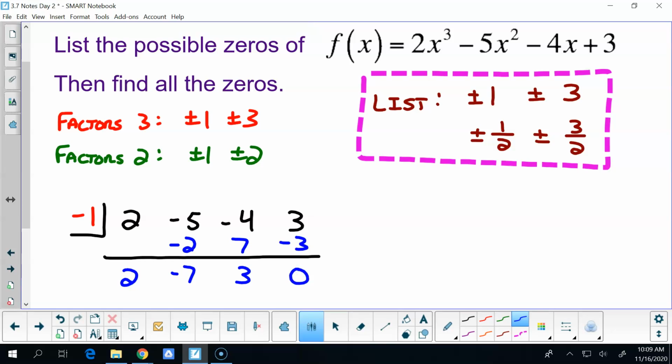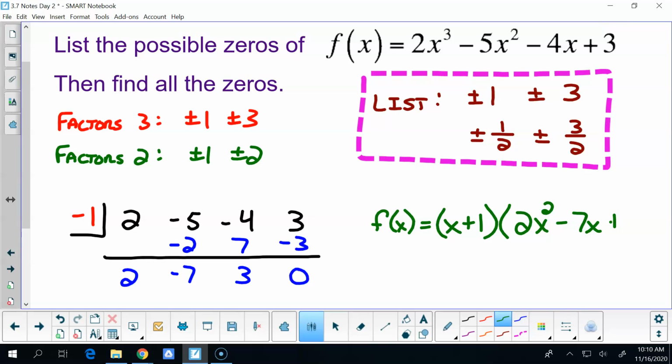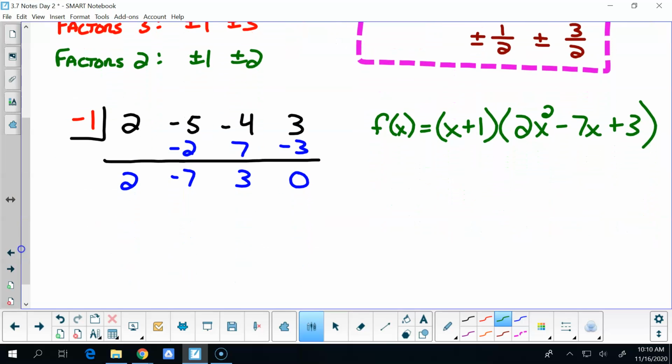Fantastic. So f of x would now be x plus 1 times 2x squared minus 7x plus 3.